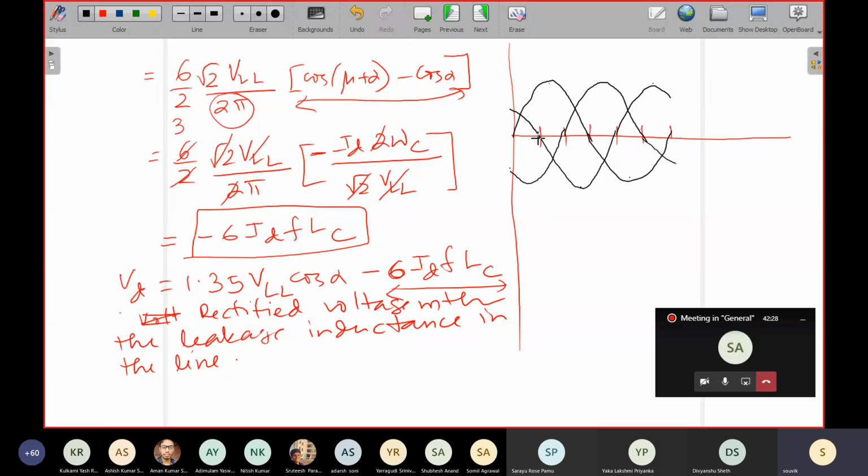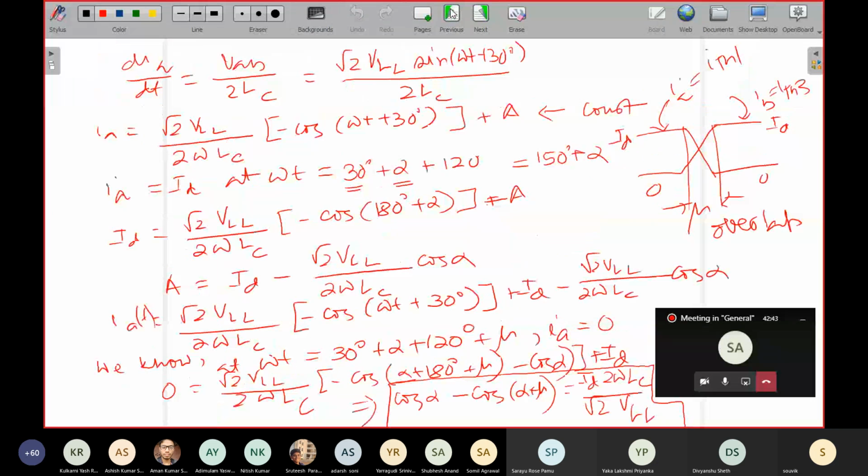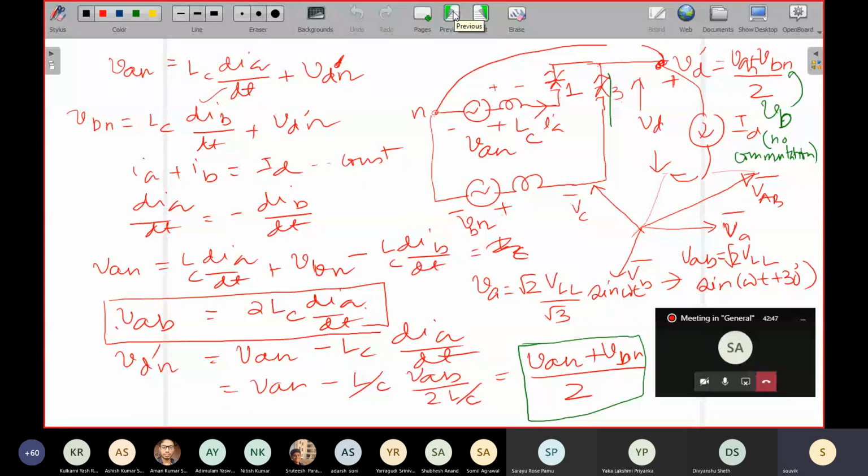So you know that the voltage under rectified condition is VAB. Let me go back. It is VAN plus VBN by 2, right?